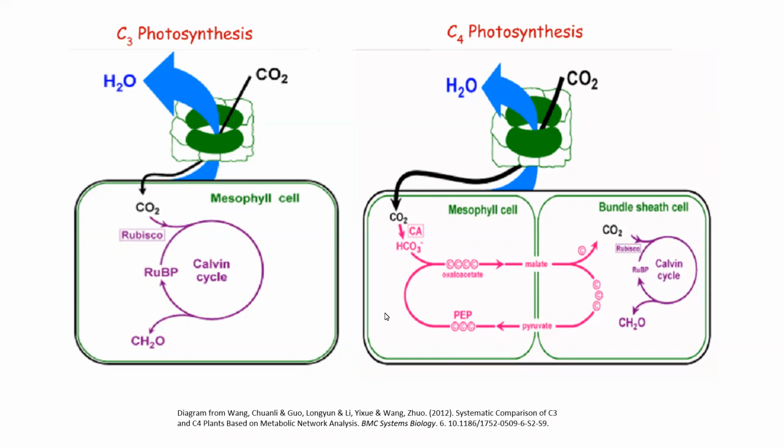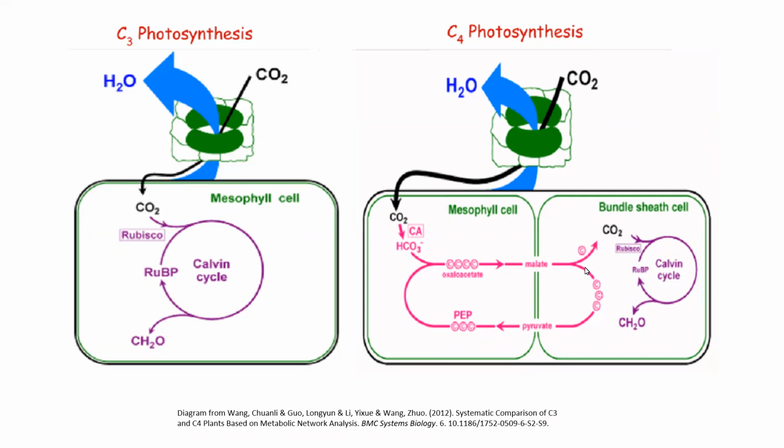These mesophyll cells are in most of the leaf of the plant. These bundle sheath cells are around the veins in the leaf of the plant. Okay, so these mesophyll cells don't have Rubisco. They literally can't do the Calvin cycle. So then the 4-carbon molecule needs to be transported to the bundle sheath cells.